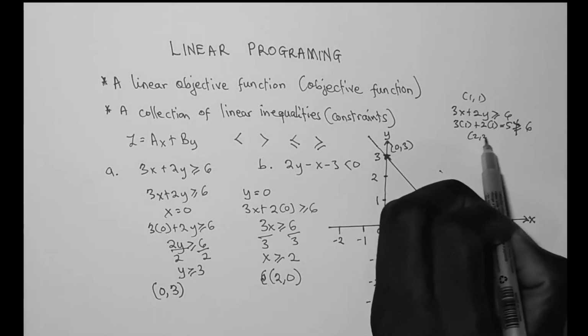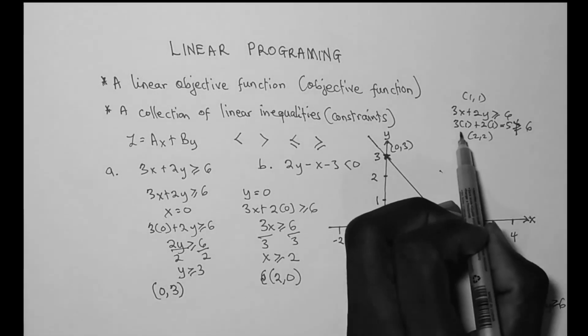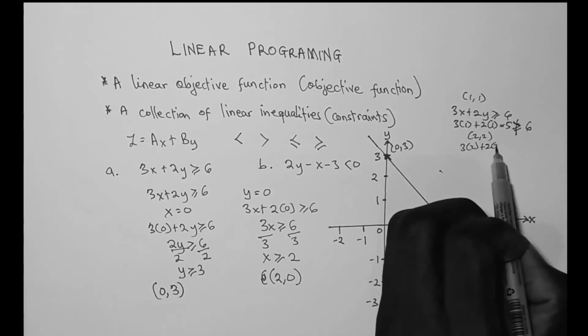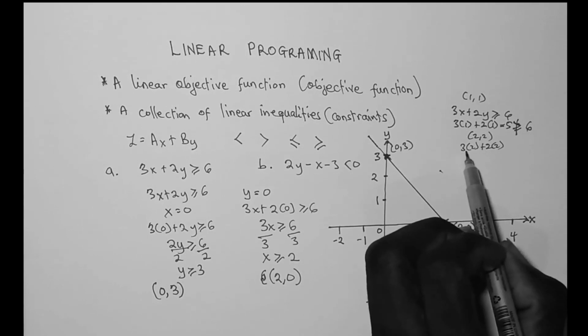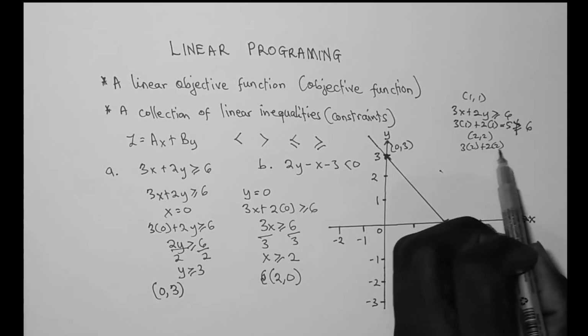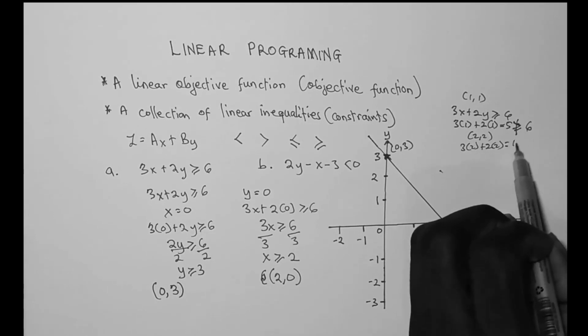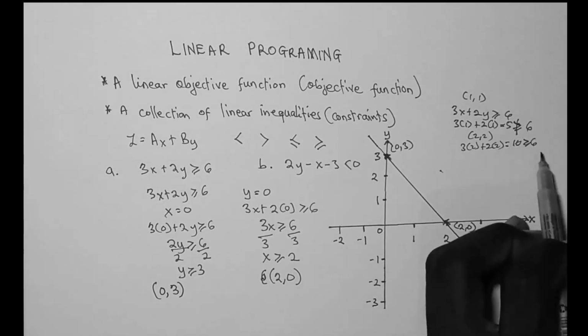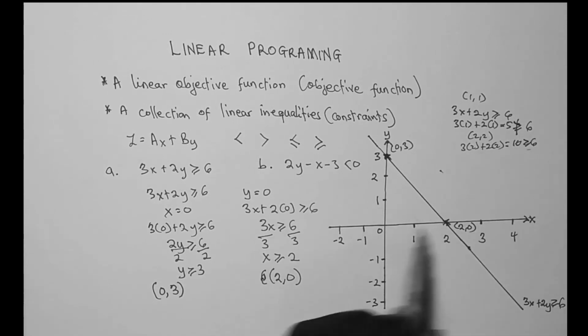It will be 3 times 2 plus 2 times 2. 3 times 2 is 6, then 2 times 2 is 4, and 6 plus 4 is 10. So 10 is greater than or equal to 6, and that makes this inequality true.